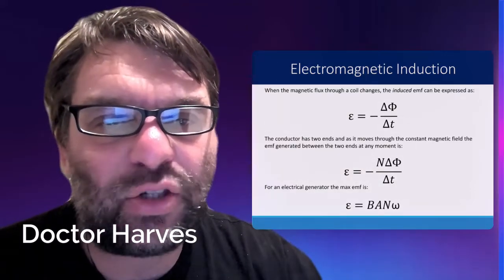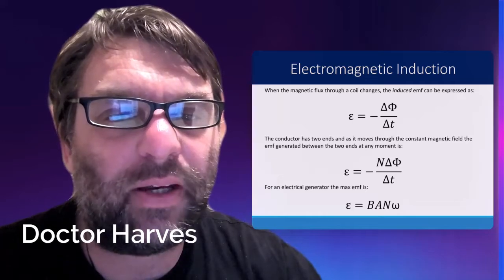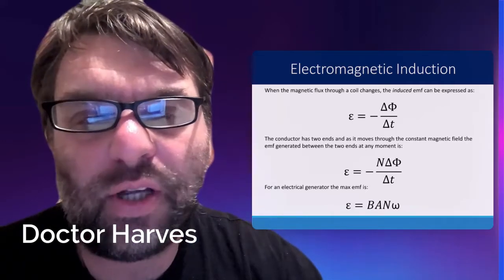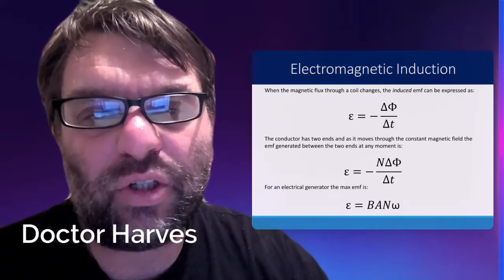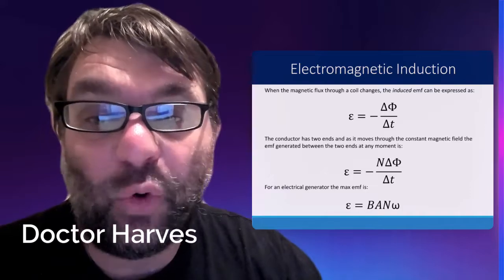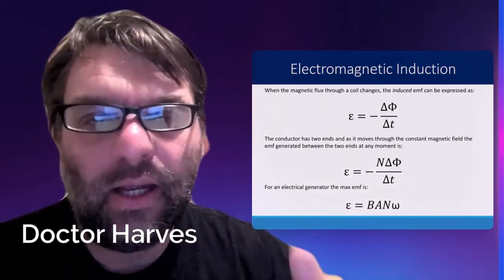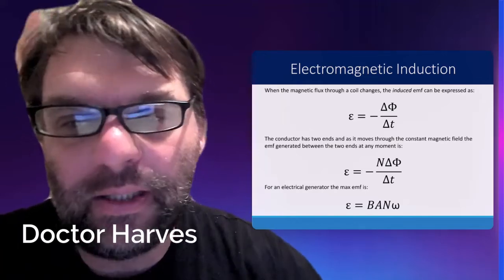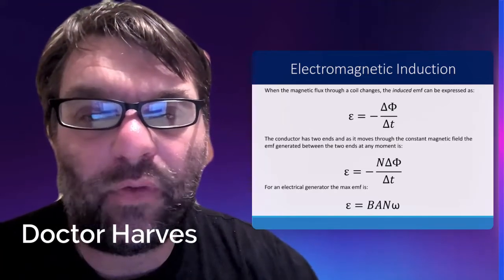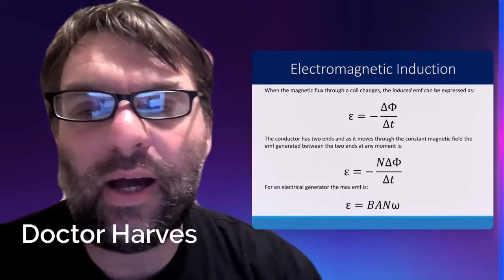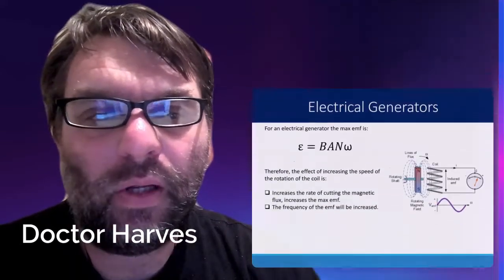And the conductor has two ends as it moves through the constant magnetic field, and therefore, if you have a coil, the number of turns times the change in flux divided by change in time will give the associated EMF. And for a generator, which is rotating, the EMF will be equal to the magnetic field strength times the area of that loop times the number of turns times omega, the rotational velocity.